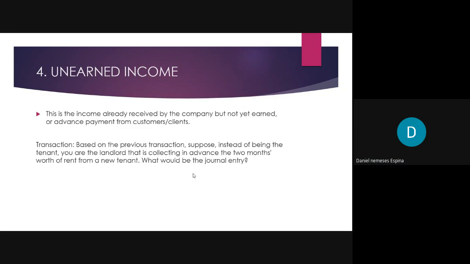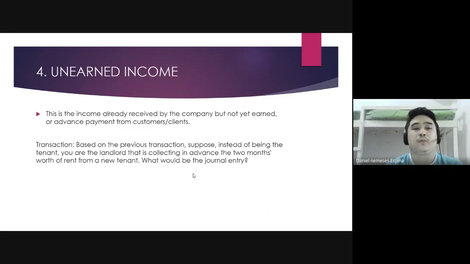The next one is the unearned income. So these are income that are already received by the company but not yet earned, or the advance payment from customers or clients. So the clients already paid us in advance. We have already received the cash, but we cannot yet recognize this as income because they have not yet benefited.